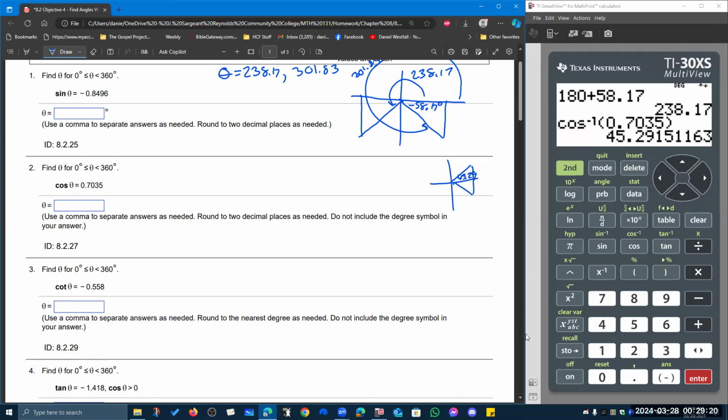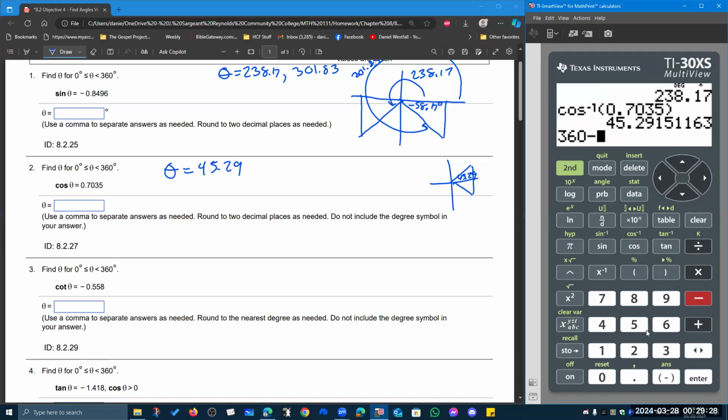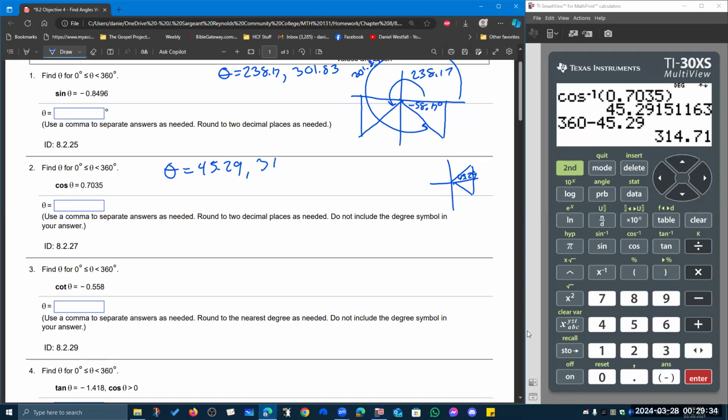And then the second answer is going to be 360 minus 45.29, and that's going to be 314.71.